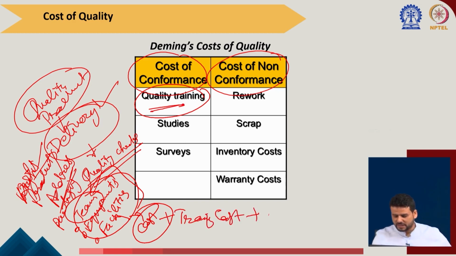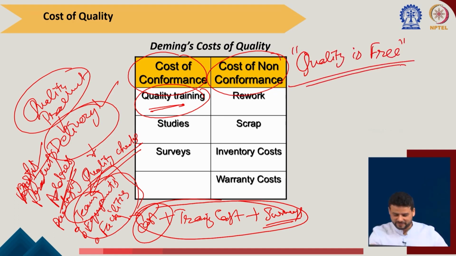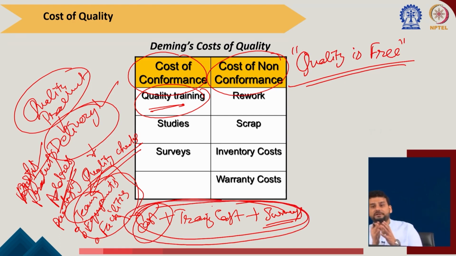We are doing some studies and surveys on whether the quality is met or not, and that will also add cost. This is the cost of quality. We usually say quality is free. This is a very important statement, quality is free, but when you check, quality is not free. We will prove how this is free.